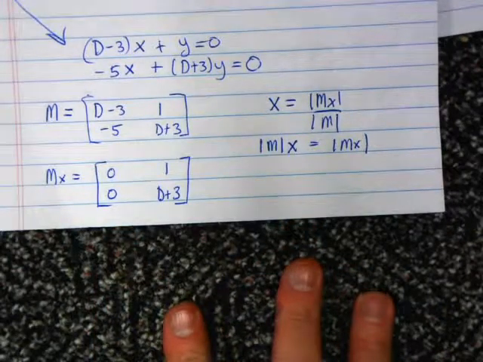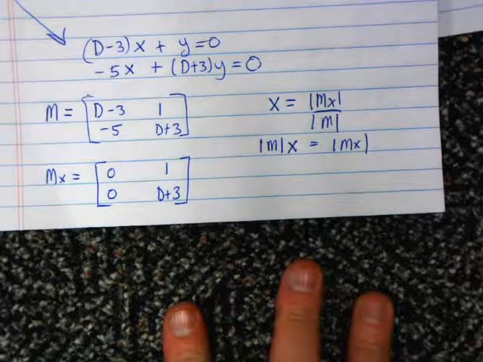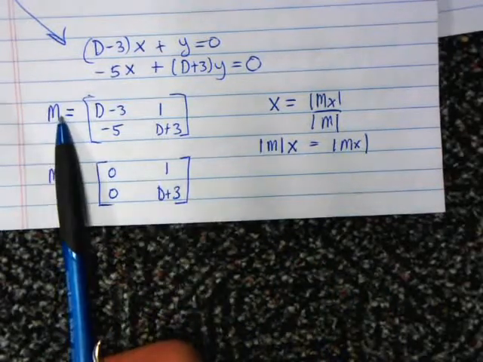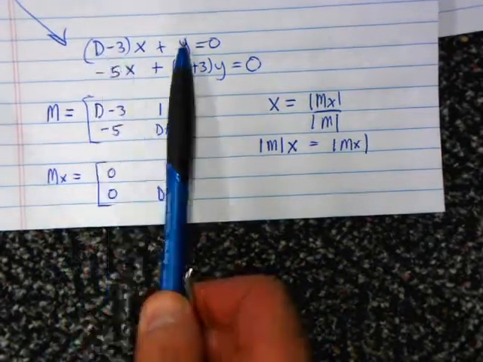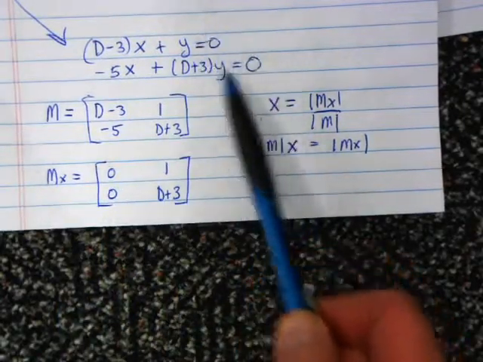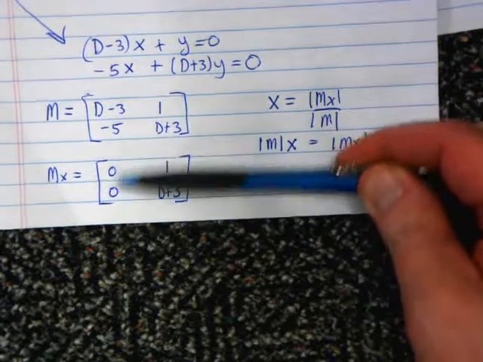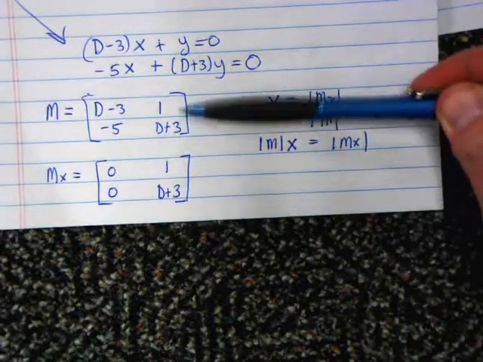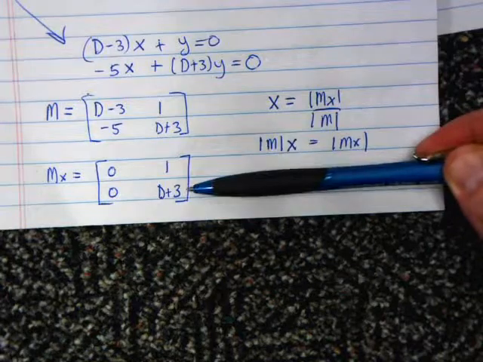Can you just point out really quick where the numbers were from? Okay, so the M matrix is the coefficients. M sub x, you take whatever these answers are, and you put those in the x spot, and then you leave the y values exactly the same. What about M sub y?